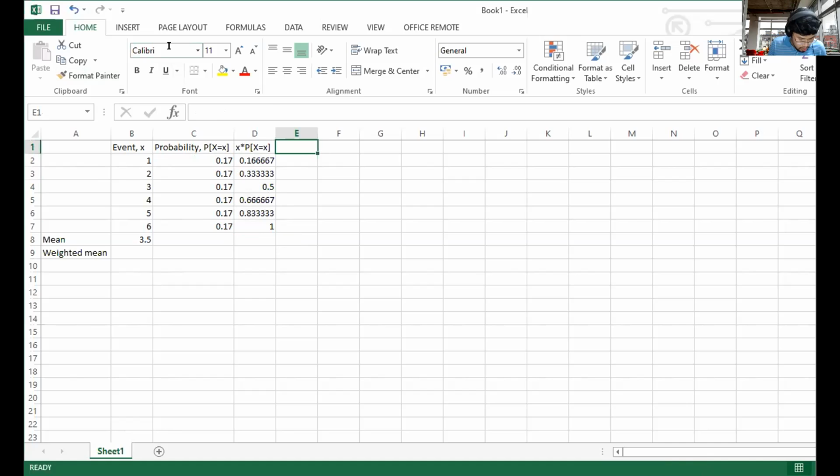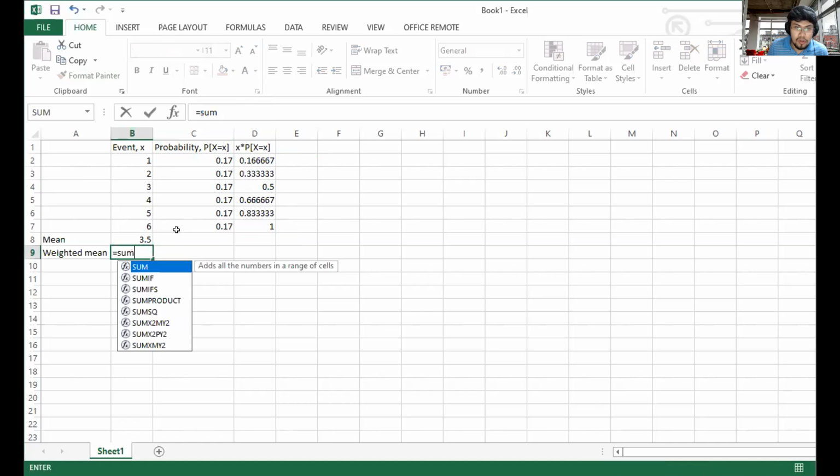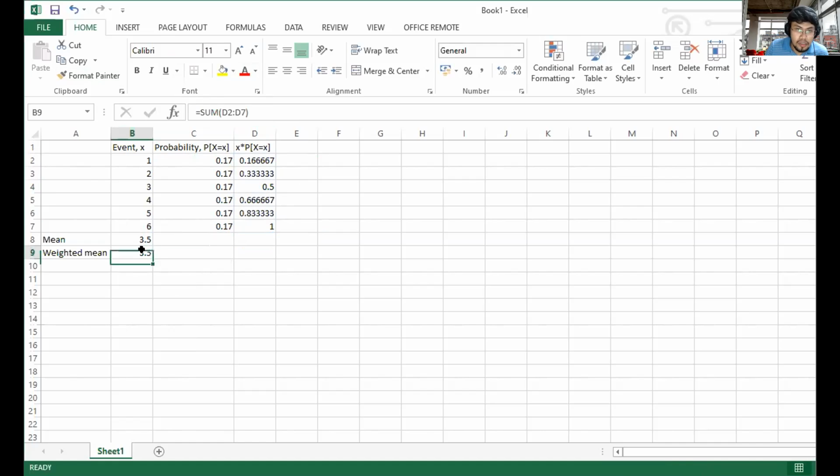Now you want to get the weighted mean, and it's summing up all the values of this column.